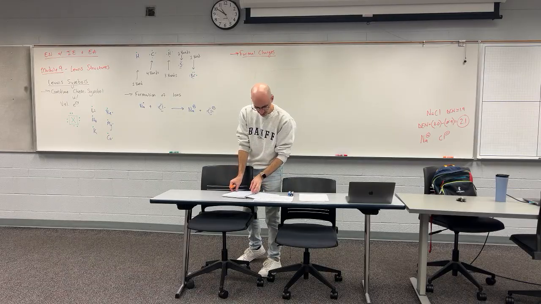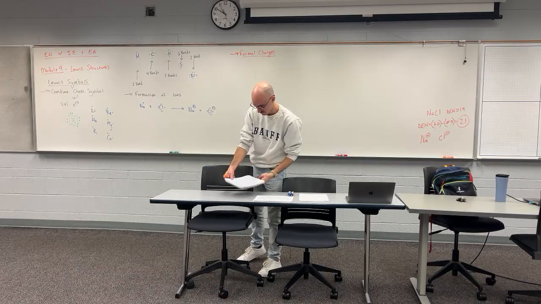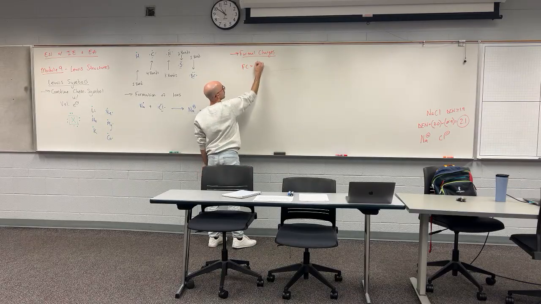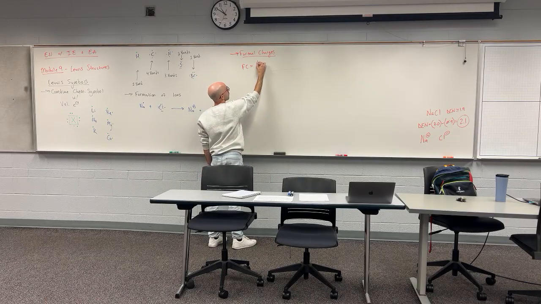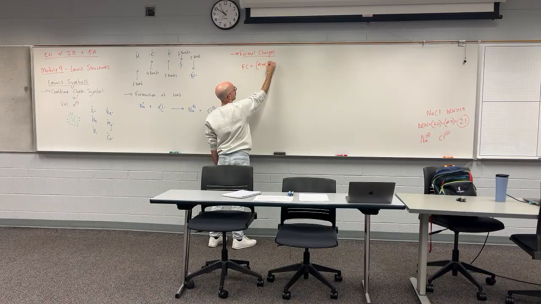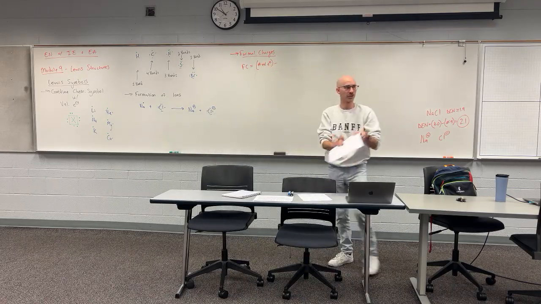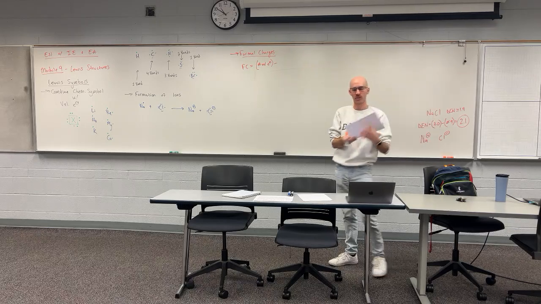Formal charge can be calculated. We use this equation. Formal charge equals the number of valence electrons minus, and I actually have this for you on your sheet, by the way, right underneath formal charge.